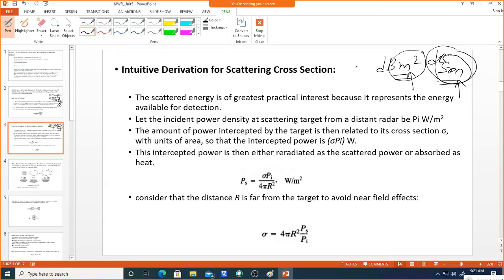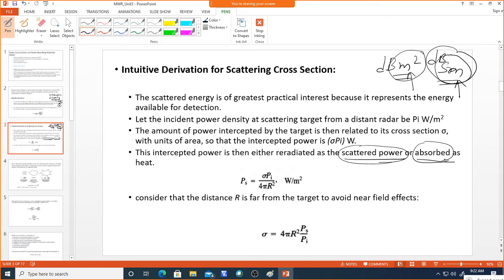As I said, this RCS can be controlled by many methods. One is scattering the energy in different directions to reduce the RCS, or it can be absorbed. The re-radiated energy depends on these two things, whether it is scattered power or absorbed power. Whenever the power is absorbed, it will be dissipated as heat, because the power which is absorbed has to go somewhere else.